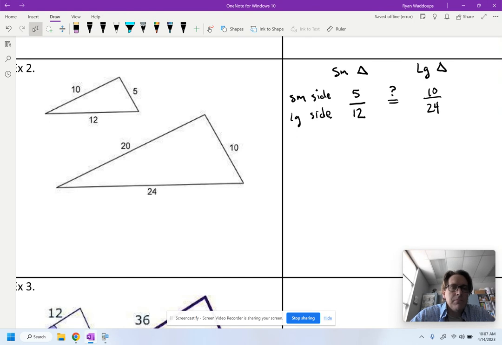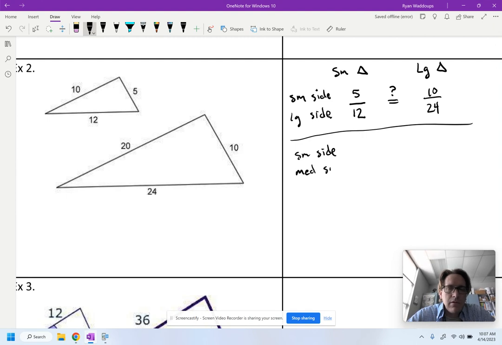Let's compare the middle side. Let's do the same thing here with the small triangle and big triangle. Let's say the small side with the medium side.